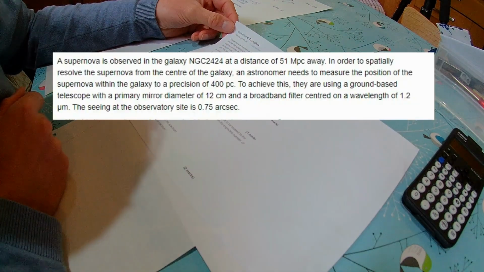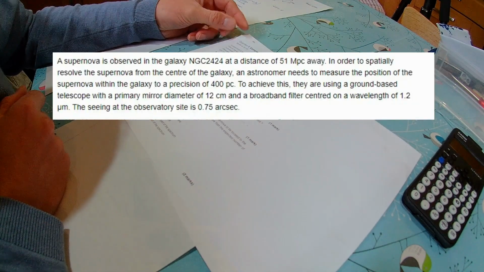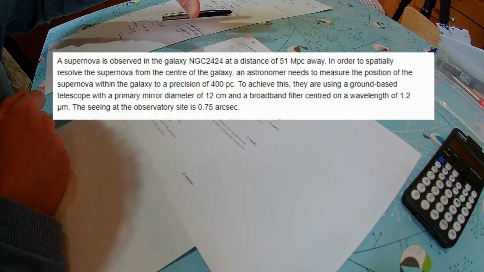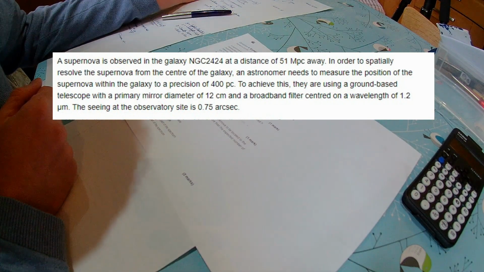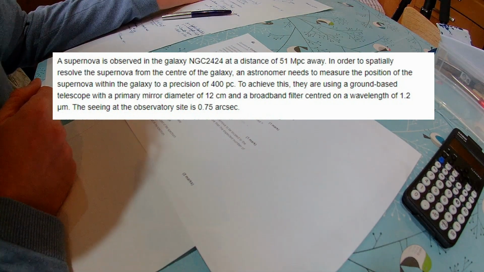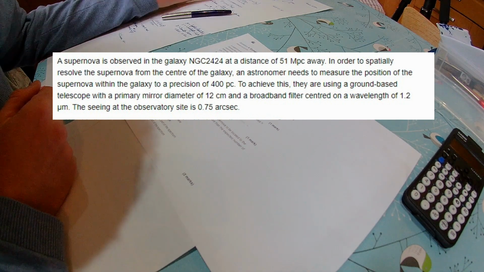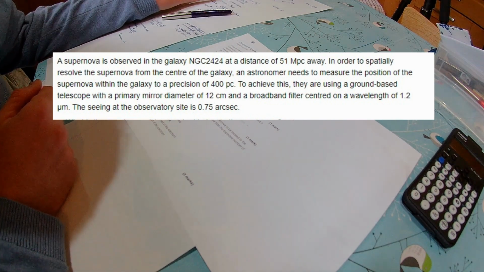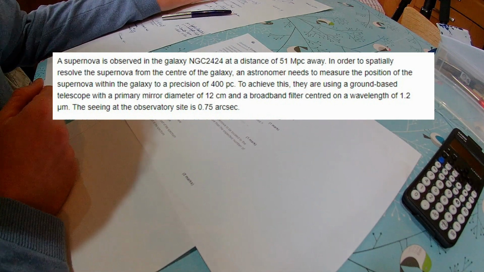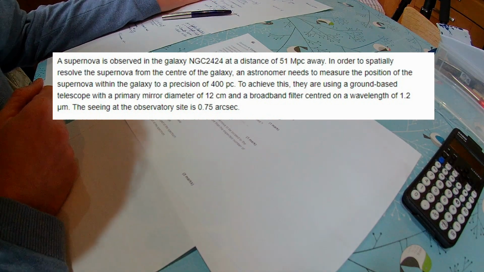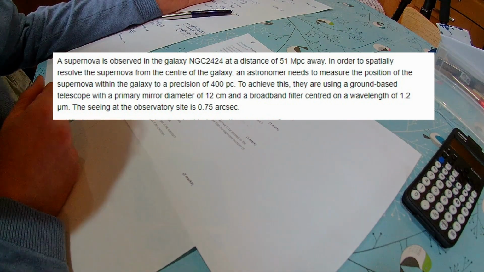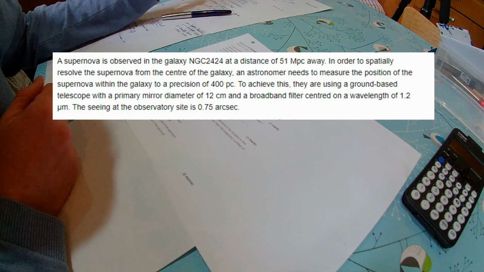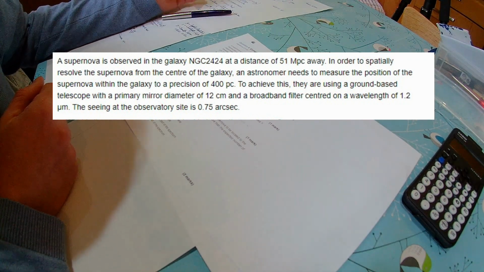A supernova is observed in a galaxy. It says the number of the galaxy, doesn't matter, it's irrelevant. And the galaxy is at a distance of 51 megaparsecs away. In order to spatially resolve the supernova from the center of the galaxy, an astronomer needs to measure the position of the supernova within the galaxy to a precision of 400 parsecs.